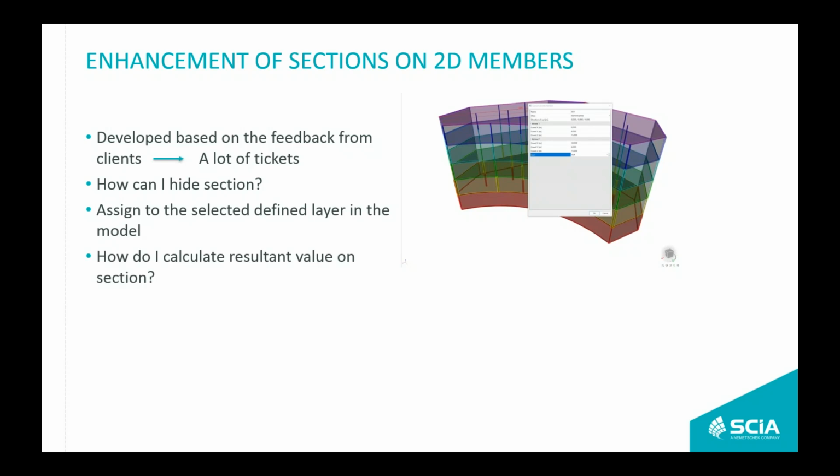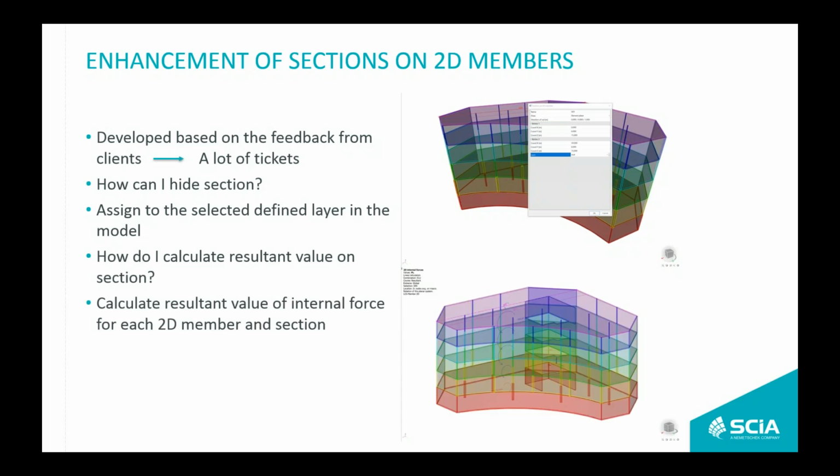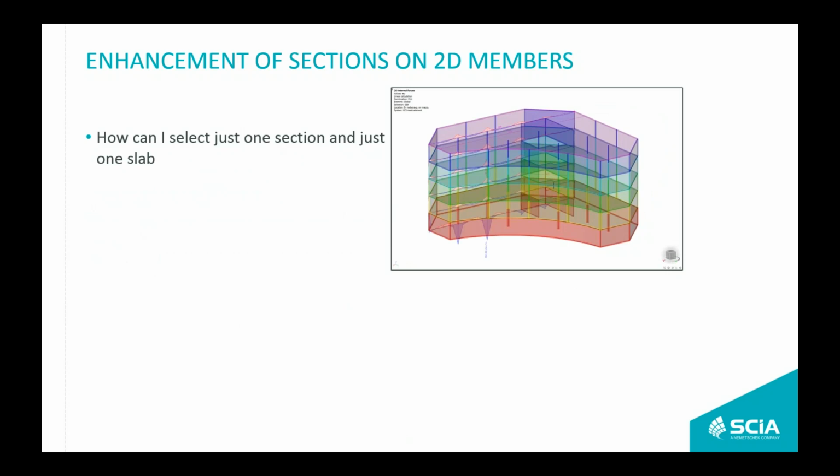And we also enable calculating the resultant value on a section for clear use. A further enhancement of sections on 2D members is that currently we are able to have results on only a single section and on a single 2D element, which was not possible before.